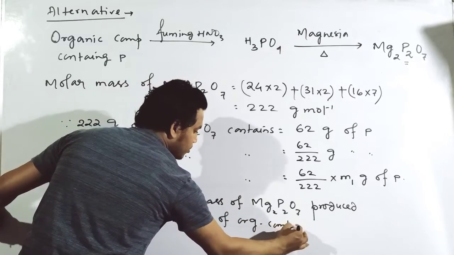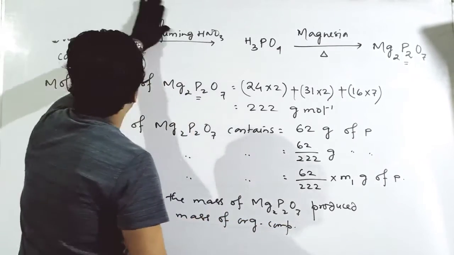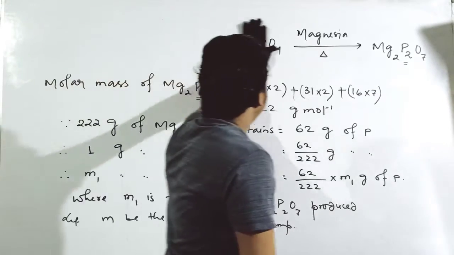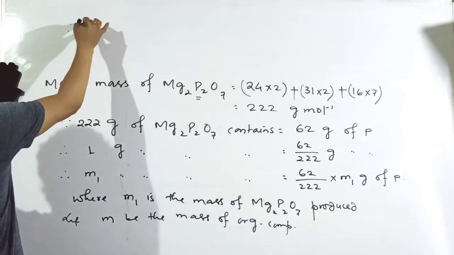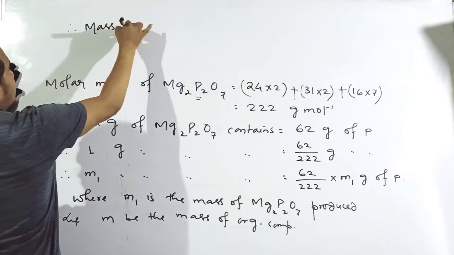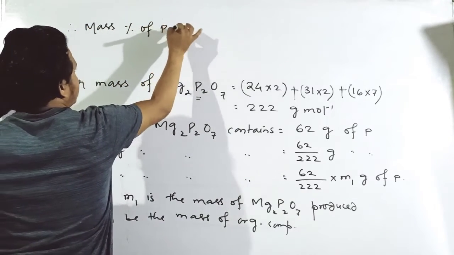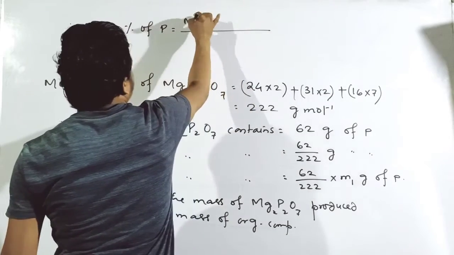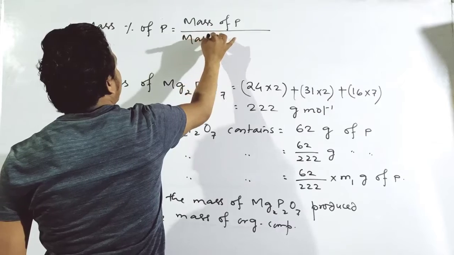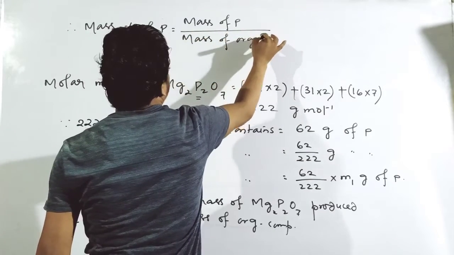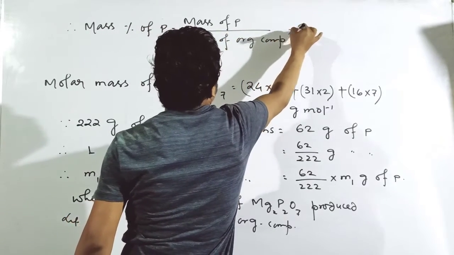Now use the mass percentage formula. Mass percentage of phosphorus is mass of phosphorus by mass of organic compound, which means total mass, into 100.